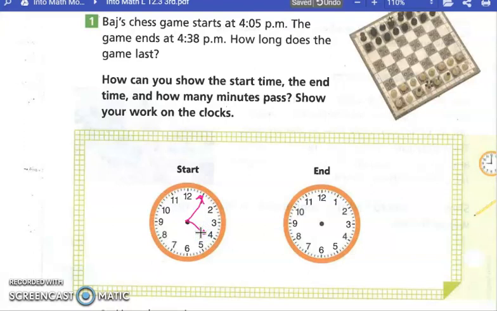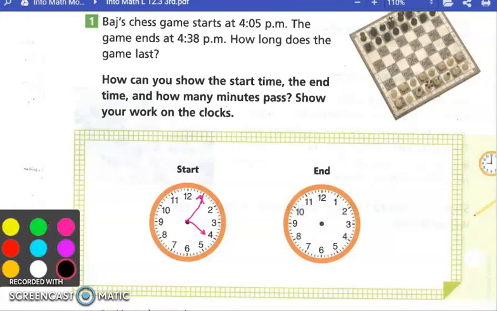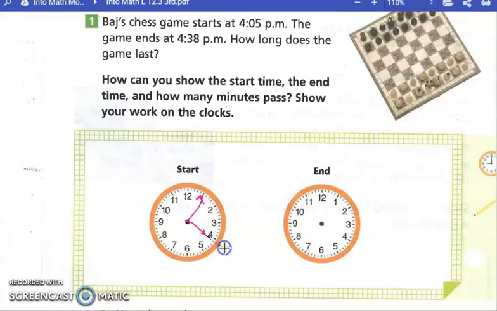So just a little bit after the 4. 4:05. Okay.